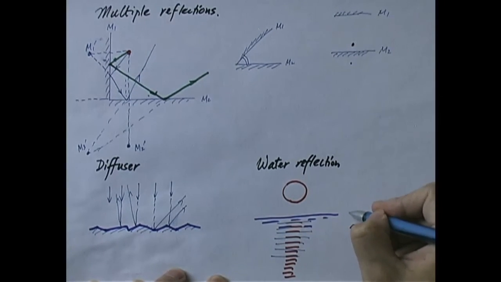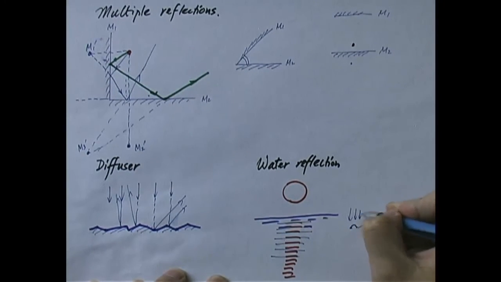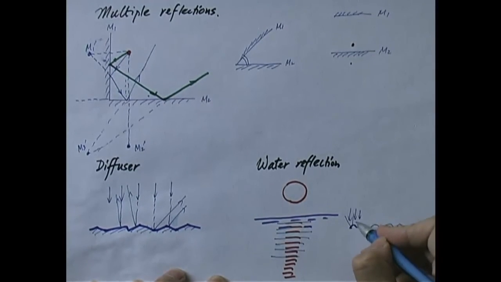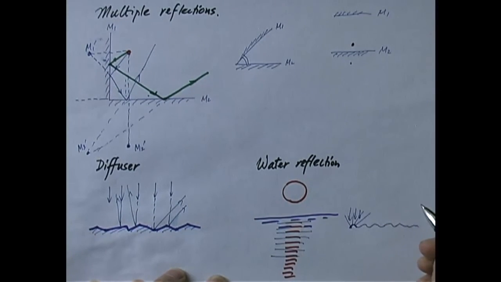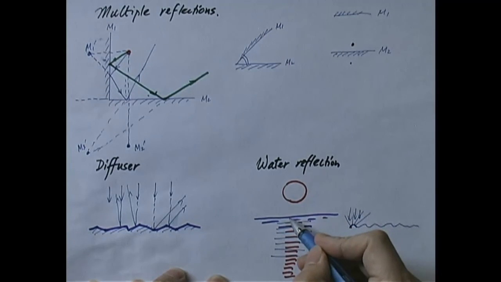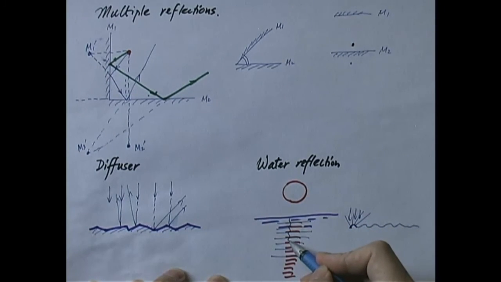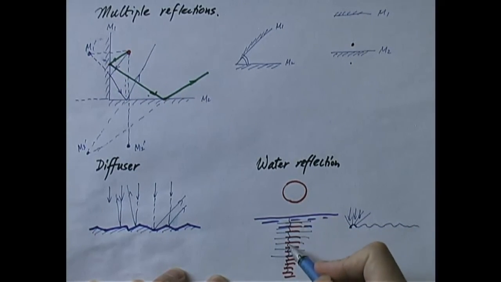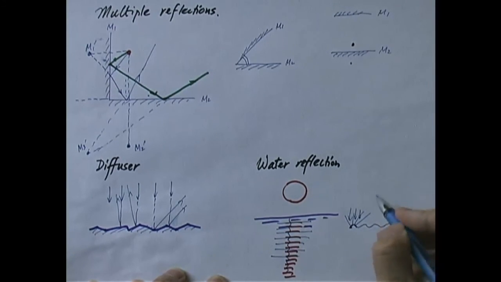And when light comes in, because here is a curved surface, it's going to get reflected in all kinds of directions. So, even though if it's a flat mirror, you wouldn't see anything except here. If you think of these as a whole bunch of ripples or ridges like this, every one of these ridges, when light from the sun casts on them, is going to reflect in all kinds of directions, including one particular direction that's aimed at our eye.